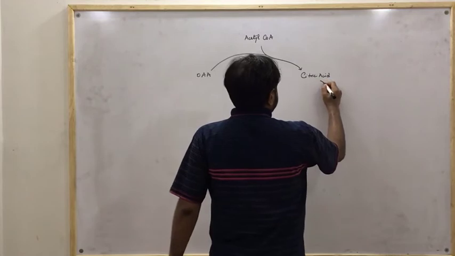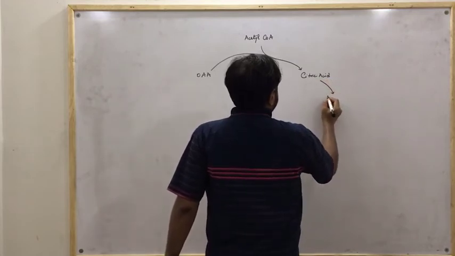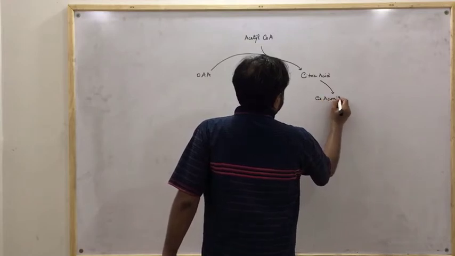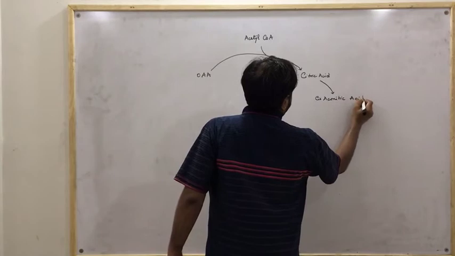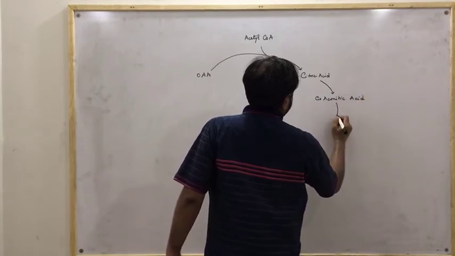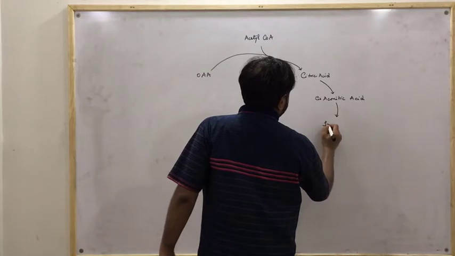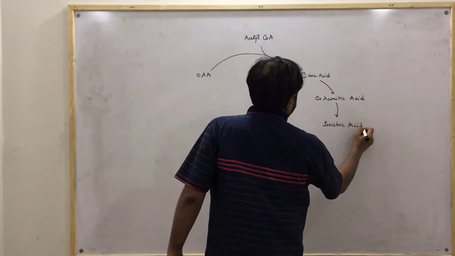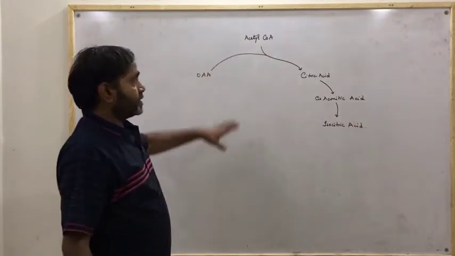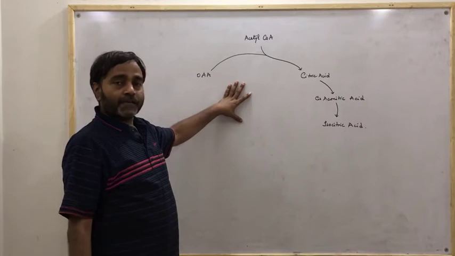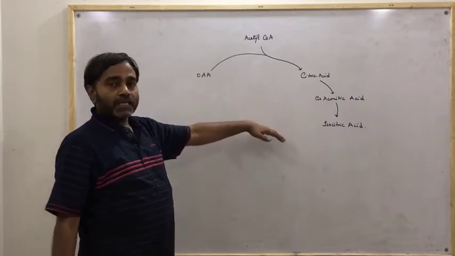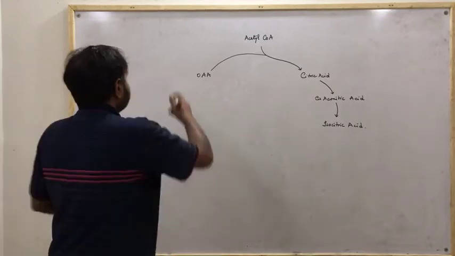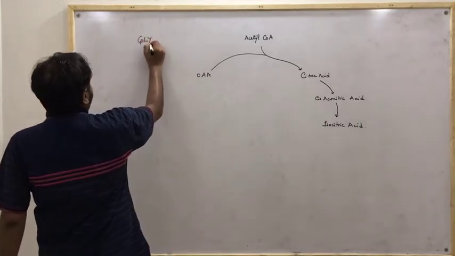Now from citric acid, different compounds like cis-aconitic acid and isocitric acid will be formed. Since this is a variant of the Krebs cycle, we need to utilize that framework, which is utilized by the glyoxylate pathway.